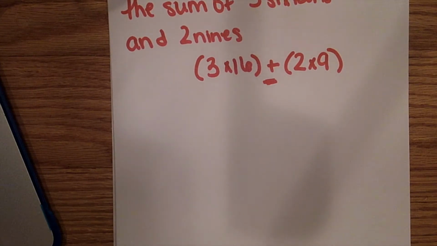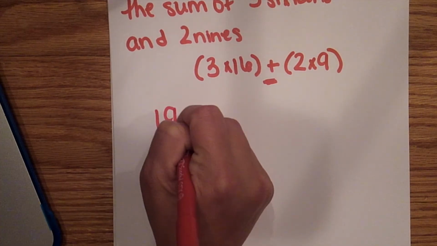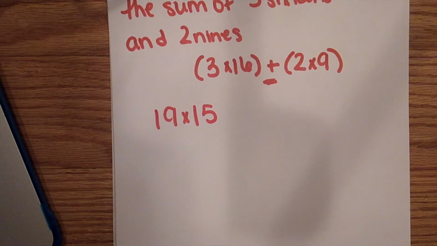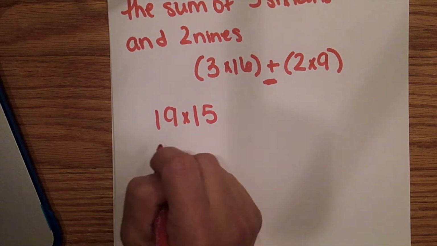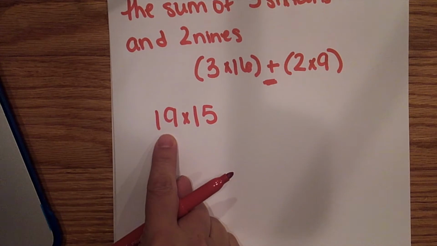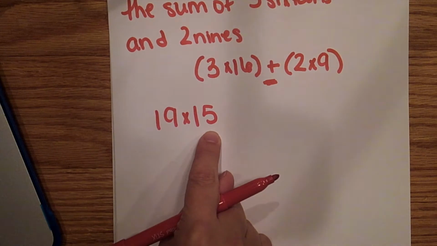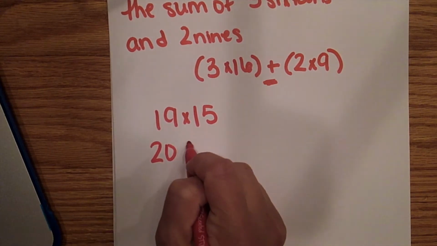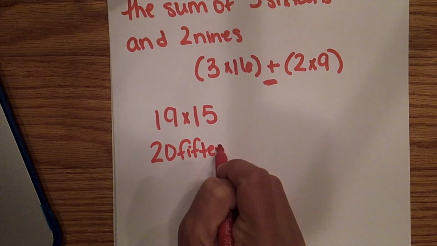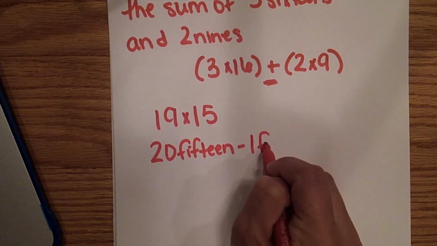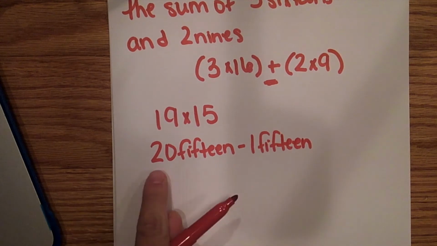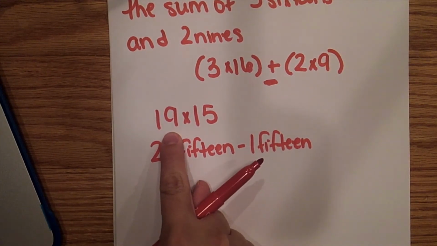Something else you are going to see in these lessons is multi-digit multiplication problems using mental math. So no algorithm, no drawing a picture, completely in your head. You may be given a problem like 19 times 15. For something like this, you may think this is 19 15s, so 19 groups of 15. We could think of that as 20 groups of 15 minus one group of 15, because 20 minus 1 is 19.